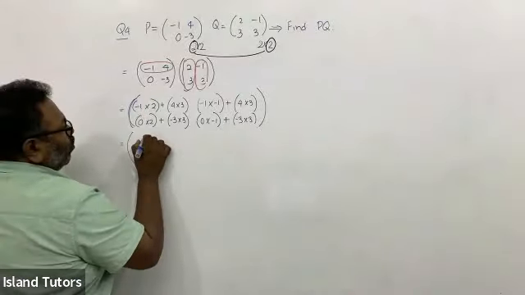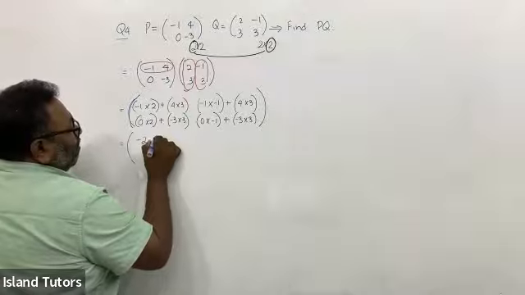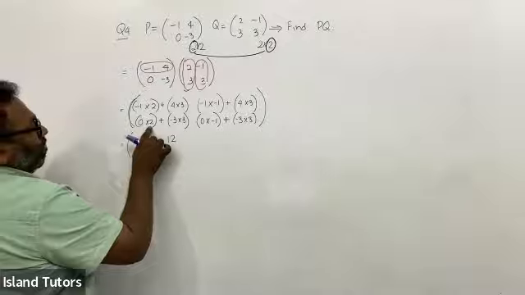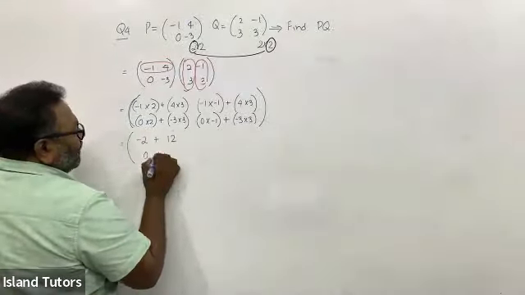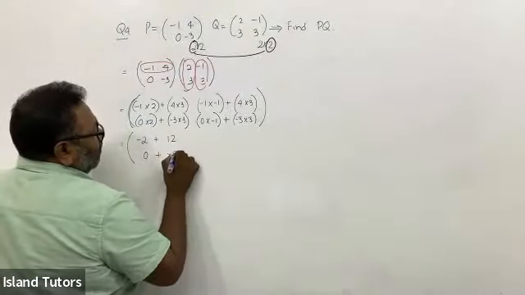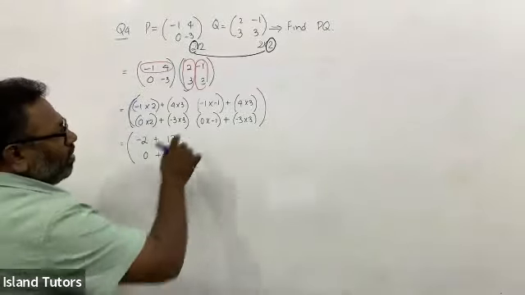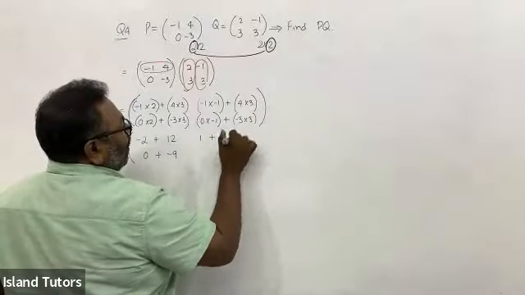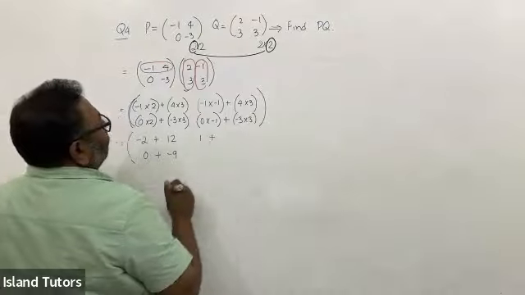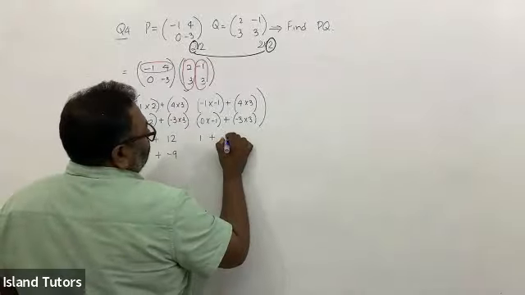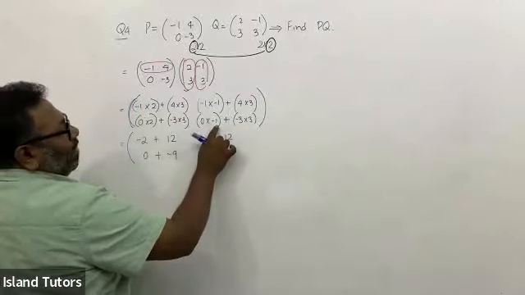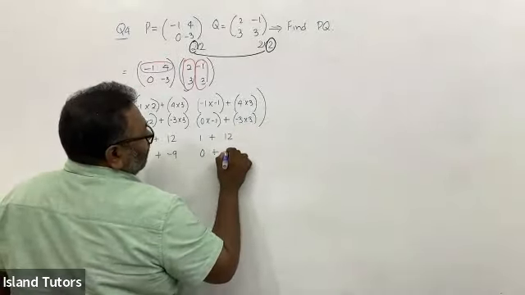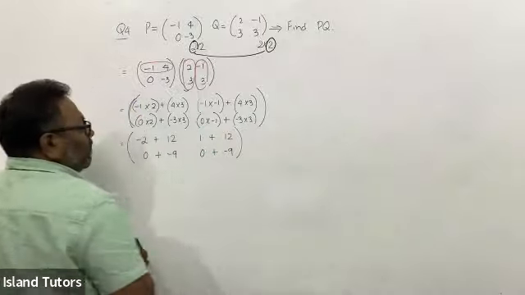-1 into 2 is -2, plus 4 into 3 is 12. 0 multiplied by 2 is 0, plus -3 into 3 is -9. -1 into -1 is 1, plus 4 multiplied by 3 is 12. 0 multiplied by -1 is 0, plus -3 multiplied by 3 is -9.